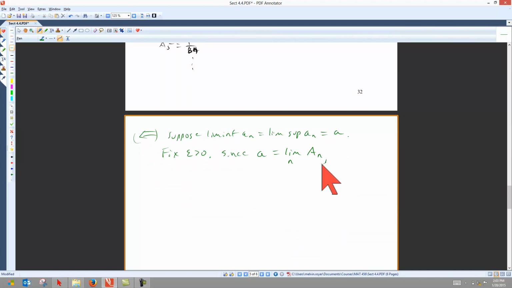Since a is the limit of these, there exists an N1 so that a and the limit of the A_n's are not far apart.